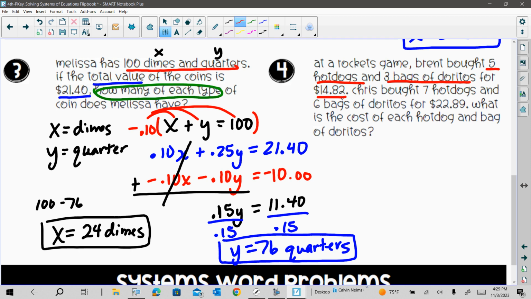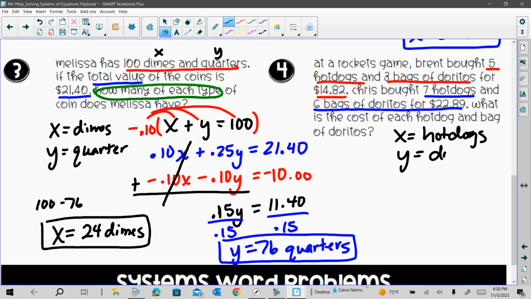But then his friend Chris bought 7 hot dogs and 6 bags of Doritos for $22.89. So the 2 units we are comparing, trying to find the cost of, are hot dogs and Doritos. So I would let my x represent my hot dogs and my y is my Doritos.